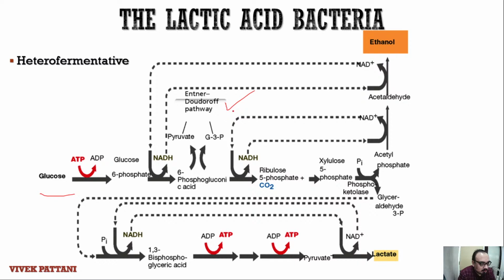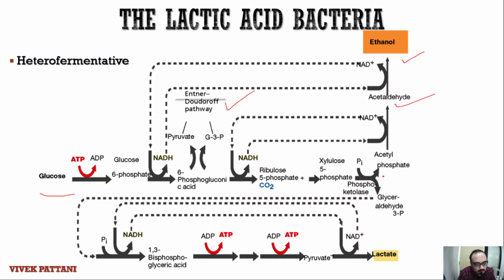This enters the Entner-Doudoroff pathway, and ribulose 5-phosphate, xylulose 5-phosphate and acetyl phosphate are formed, which will be converted into acetaldehyde and finally ethanol. If you remember both pathways specifically, it will be easy for you.